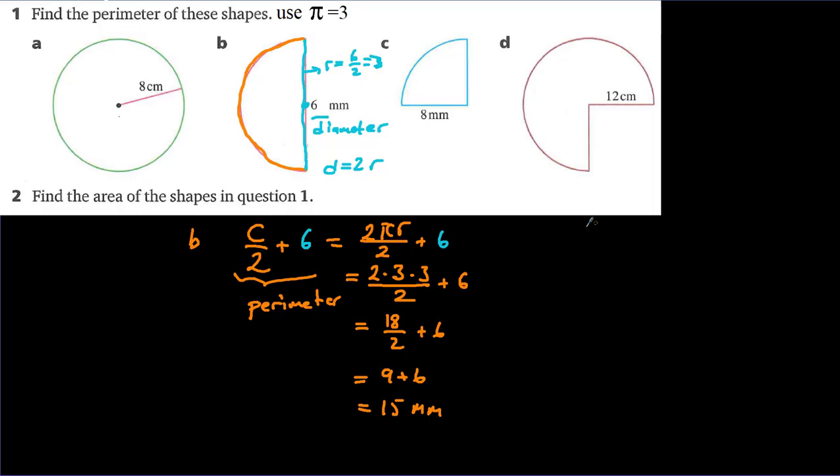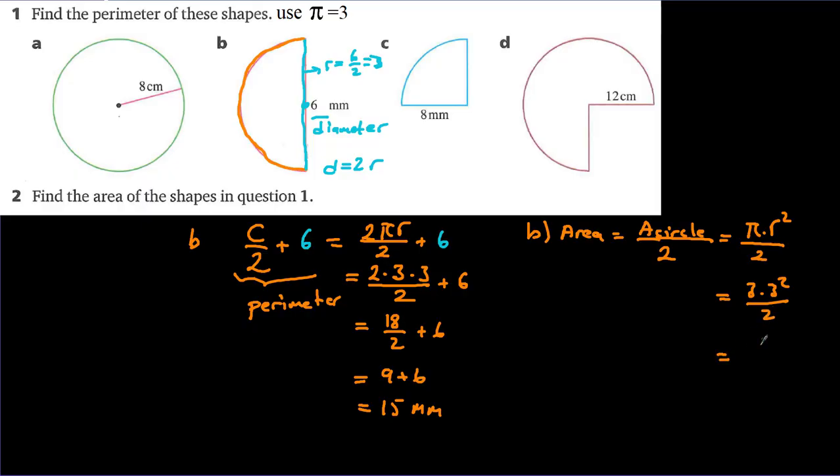And the area of B, the area of the semicircle, is easier than this one because we don't need the lengths of the sides. Area is the area of the circle divided by 2, because this is half the area, which is equal to pi times r square over 2, which is equal to 3 times 3 square over 2.